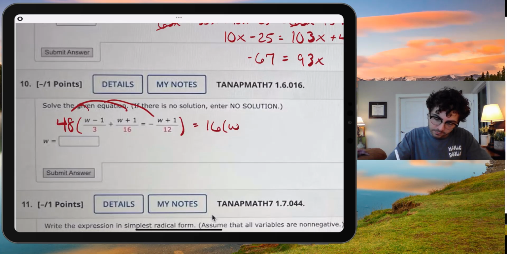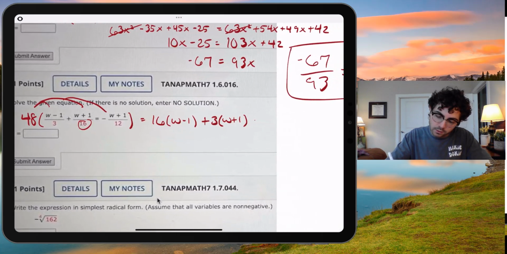So you have 16 times w minus 1. 48 divided by 16 is 3. So you have plus 3 times w plus 1. 48 divided by negative 12 would be negative 4. So then times w plus 1.